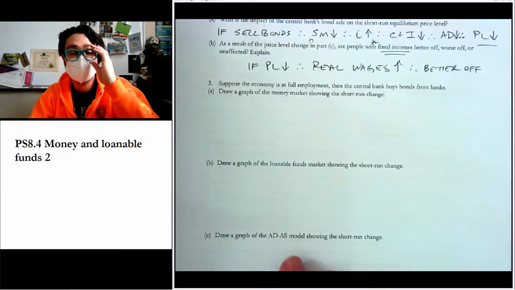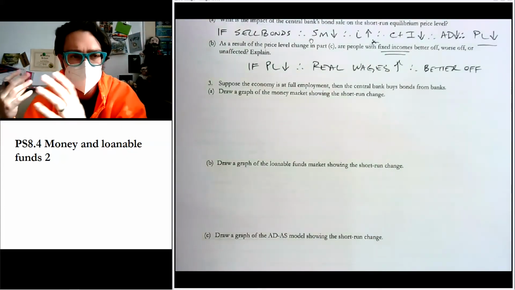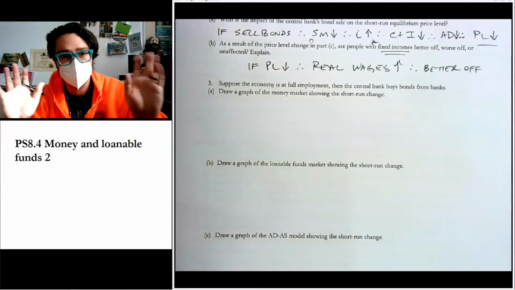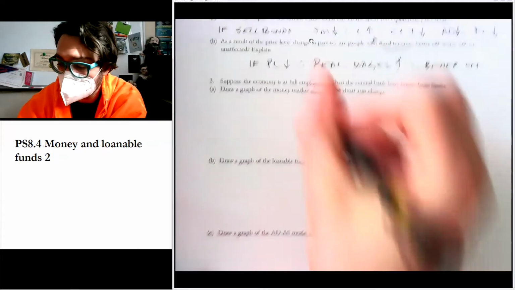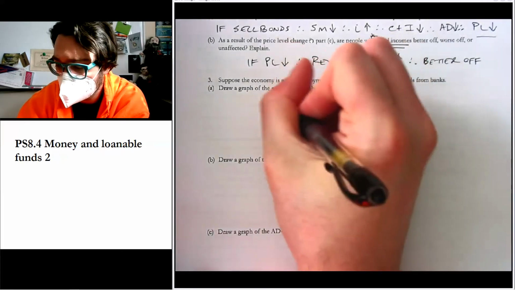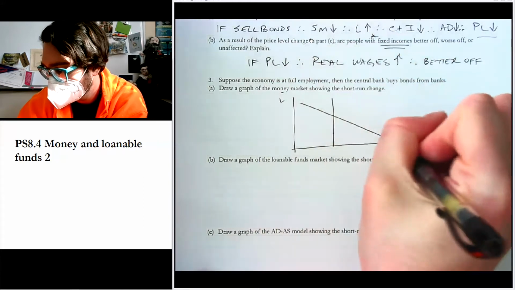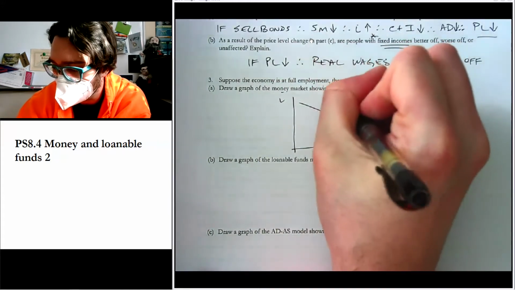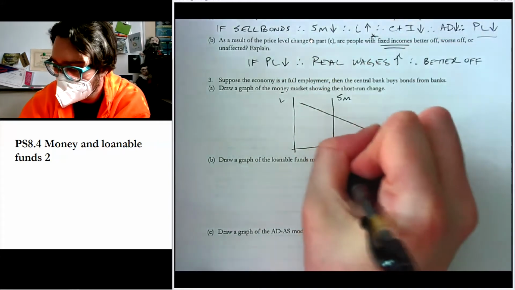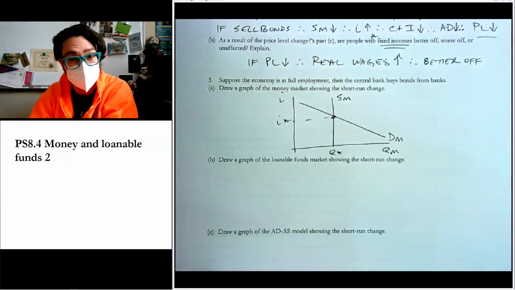Then it says, suppose the economy is at full employment. So this is a different problem. It says the central bank buys bonds. I don't know why they would do that if they're at full employment, but we don't care. Draw a graph of the money market showing the short run change. This is one where it's nice to see all of the different pieces at once. You've got Q star and I star where we start.